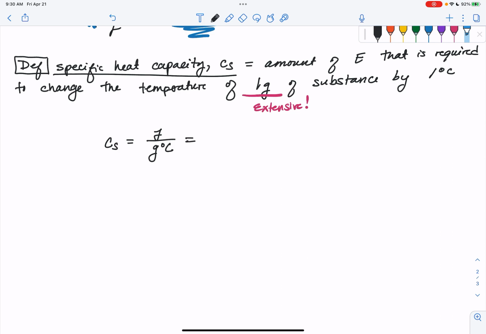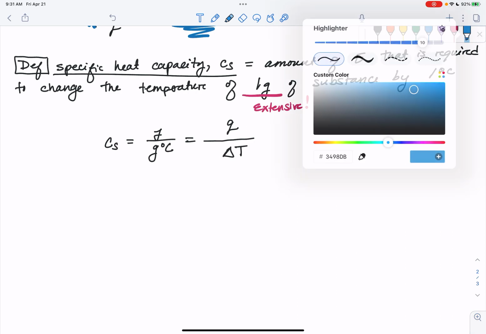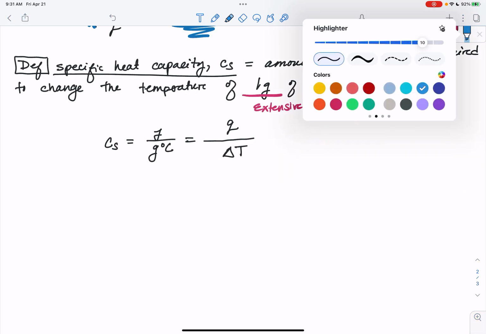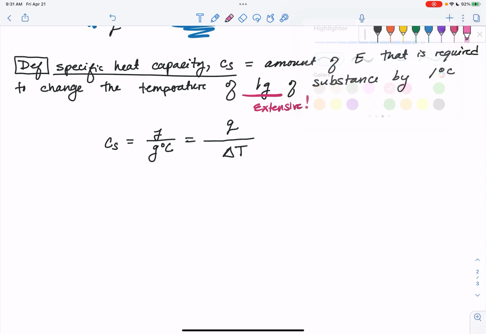And if I'm going to set this equal to some proportionality of Q and my change in temperature, remember this direct proportionality, what I'm going to have to include now is something that relates to my mass. In fact, we're going to include a mass in grams here. So let's rewrite this. We now see that the specific heat capacity of a substance is equal to Q over m delta T.